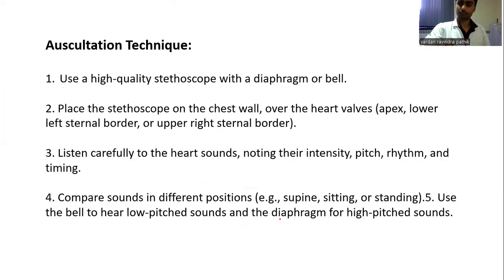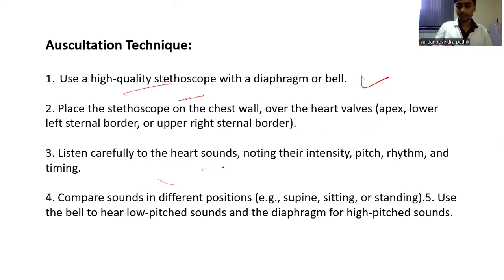Right now, auscultation technique. Yes, we need a very high quality stethoscope. Place the stethoscope on a few specific points like both sides of the sternum, on specific intercostal spaces, and the mid-clavicular line, fifth intercostal space, to hear the sound.